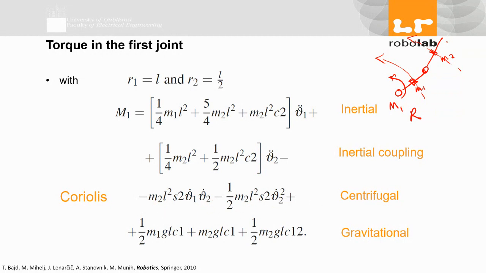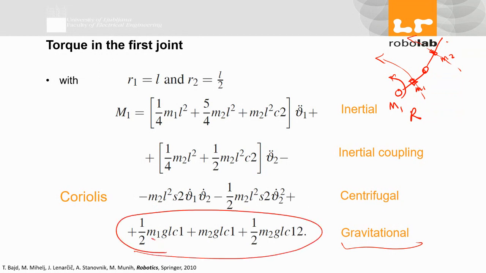And the third component is the gravitational. This is because of gravity. This is, well, mg, you know, 9.8 Newton per kilogram. So you have this mass times g times L1, because of the length of the object, and cosine.